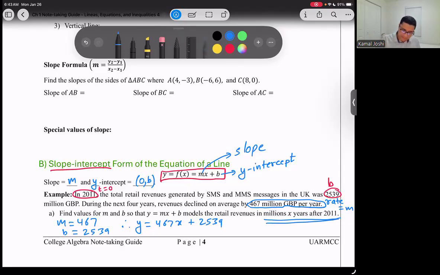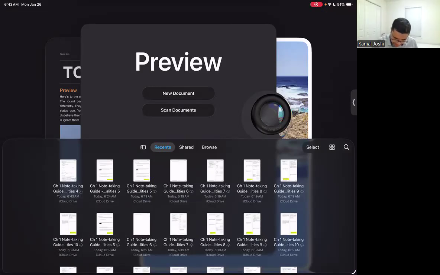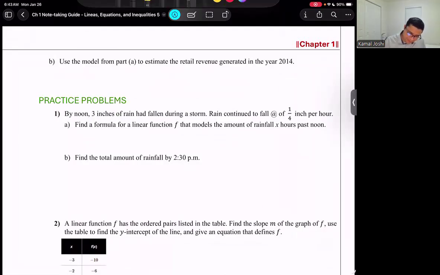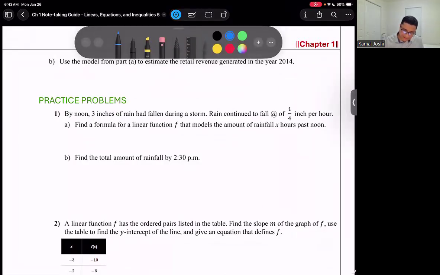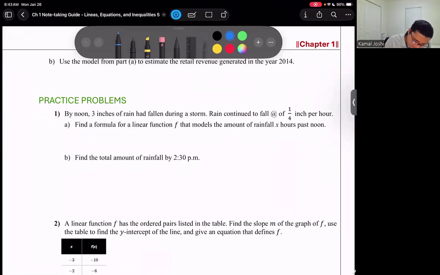Now on the next page, you will find the second part of this problem. Use the model from part A to estimate the retail revenues generated in the year 2014. So the model from part A was 467x plus 2539.